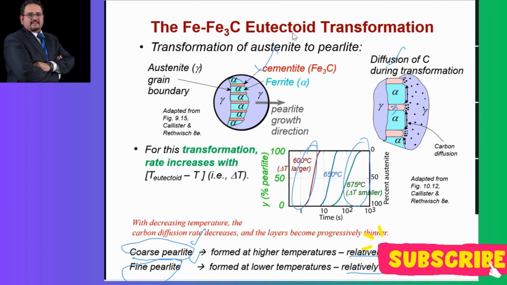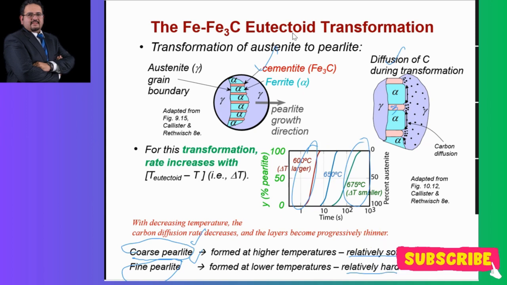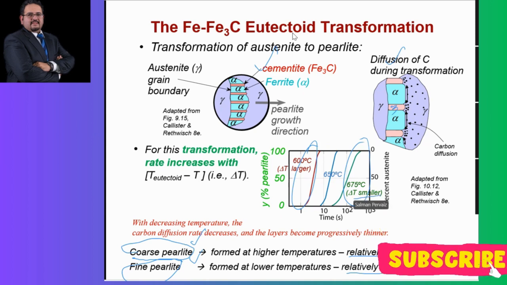Yes, Samreed, you want to go and briefly talk about this one, just to make sure that you understand the concept? So basically you said that the rate of diffusion varies. At 675 degrees, the delta T gives you coarse pearlite, and the fine pearlite comes from the higher.